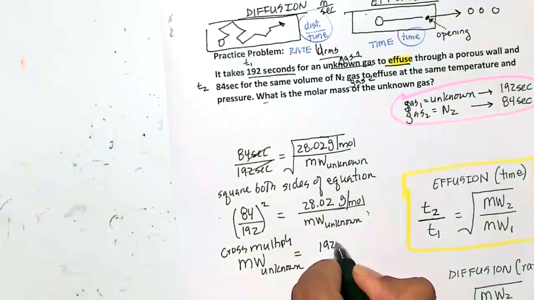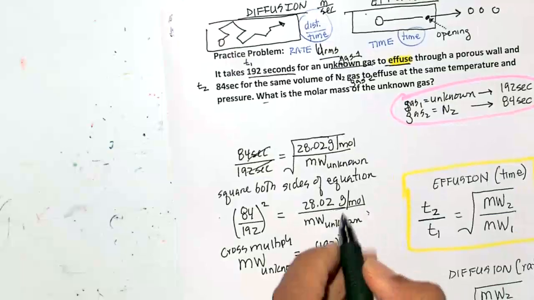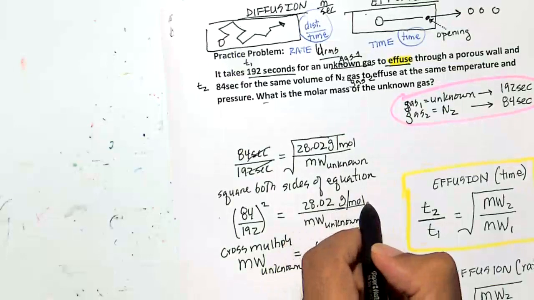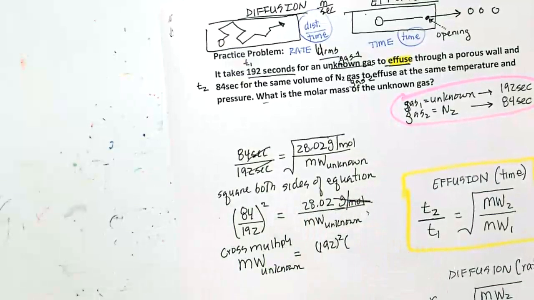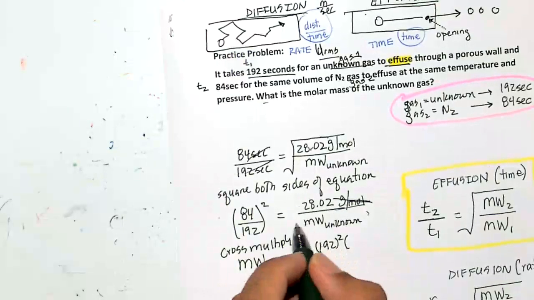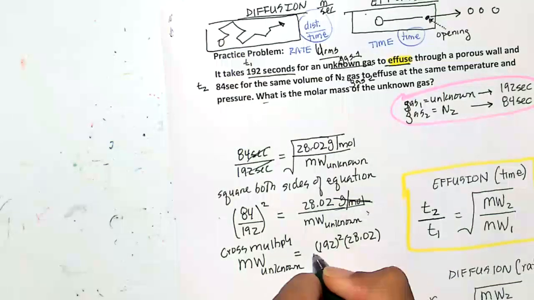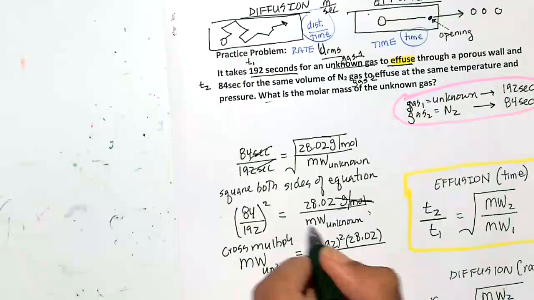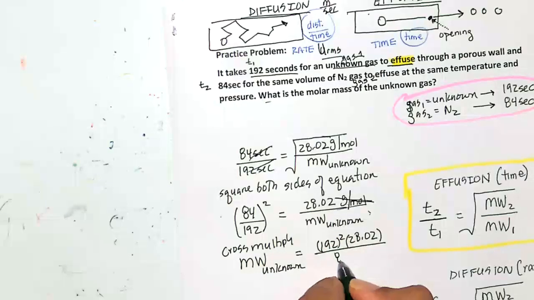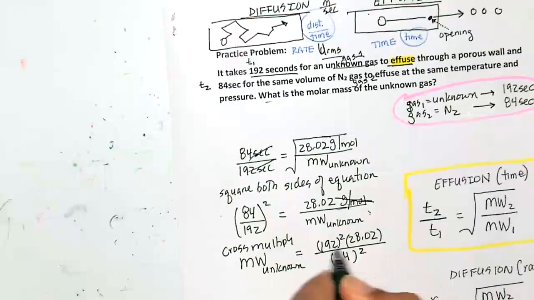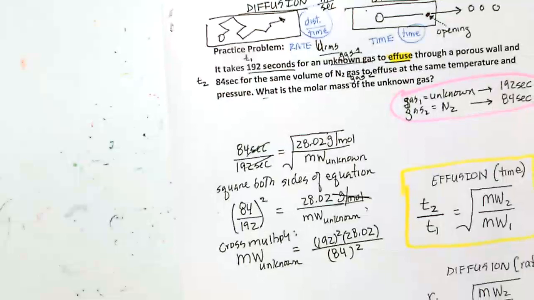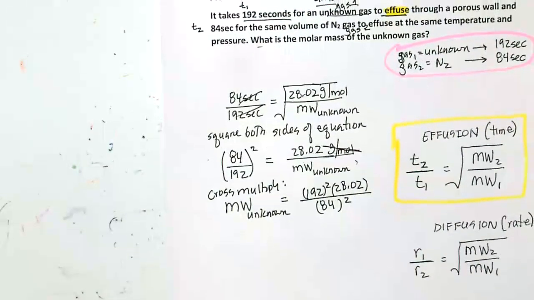All right, so the 192 squared times, let me just remove this grams per mole. I don't want to make things confusing. We'll put the units at the end. Okay, 192 squared times 28.02, cross multiply this, times 84 squared. So cross multiplication gives us this.